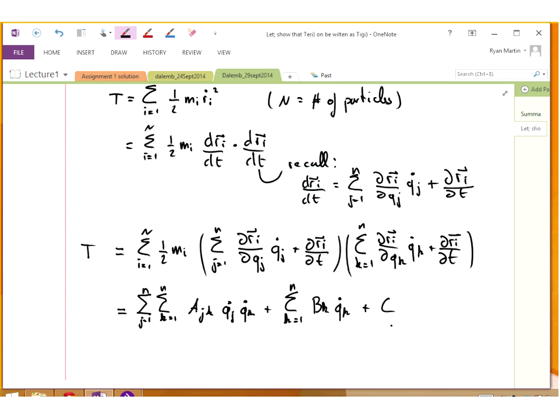Alright, so there's the terms that have two q dots in it, there's terms with one q dot, and then there's the other ones. Alright?